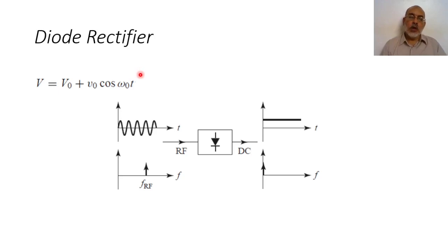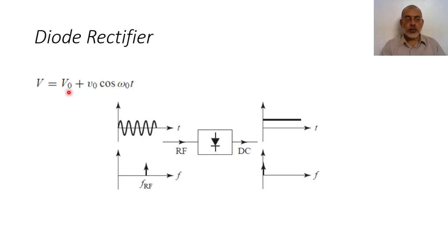Now, we are interested in how this Schottky diode can be used as a rectifier. For a rectifier, we are assuming that the input signal consists of a DC component plus a small signal AC component.